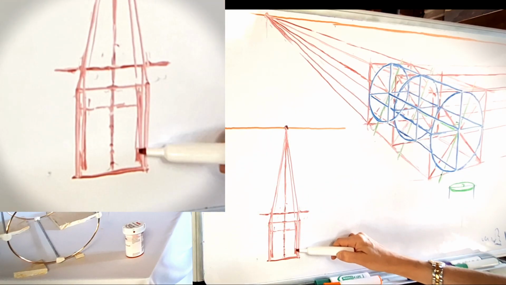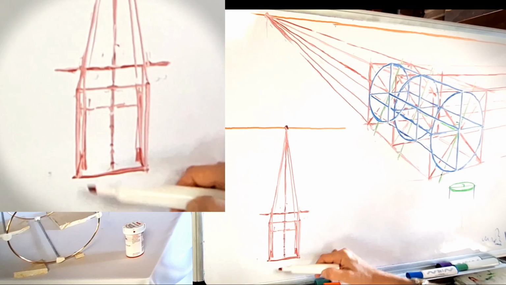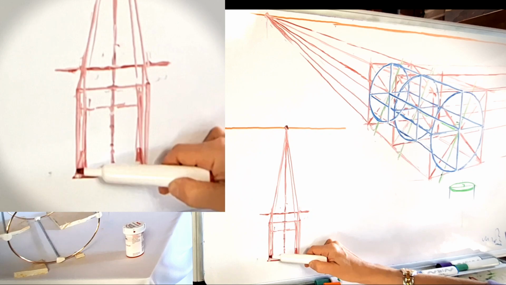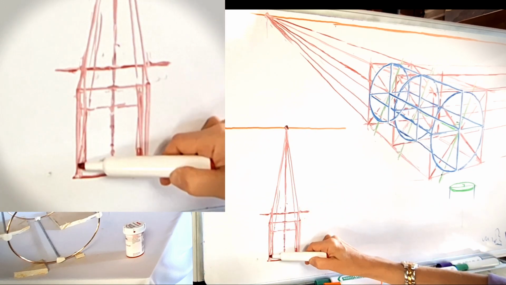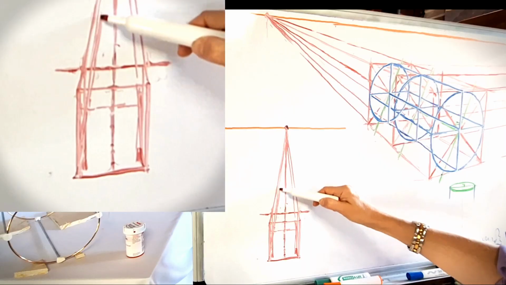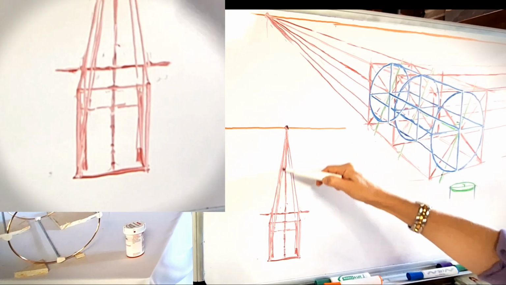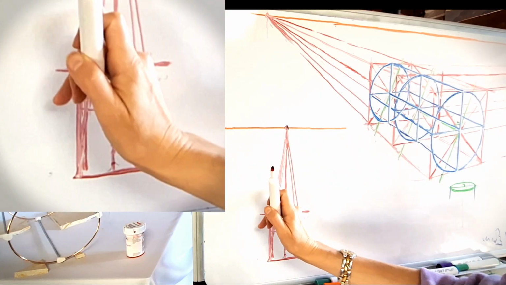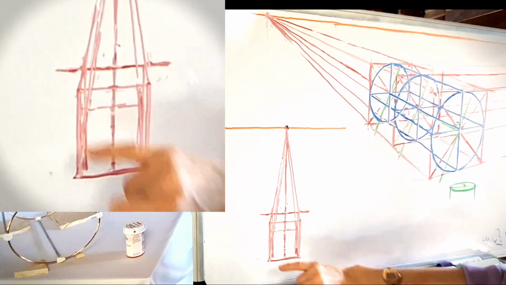But the main portion, we need this right here. See how steep this angle should be to be able to connect to the vanishing point properly. Okay, somewhere in here I got that.